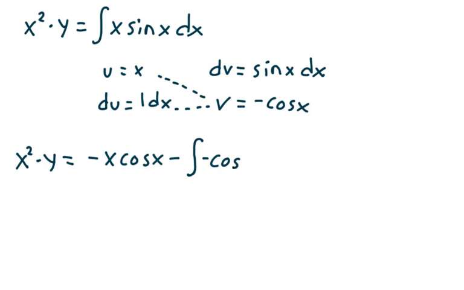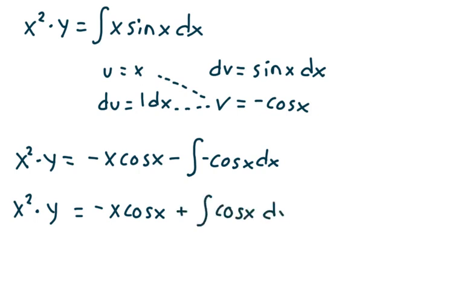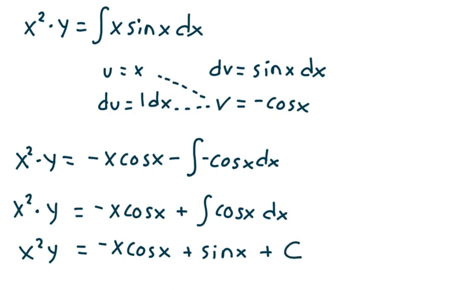And I'm going to write negative cosine of x dx. So x squared times y is negative x cosine of x plus the integral of cosine of x dx. So x squared y is negative x cosine of x plus sine of x plus some constant c.